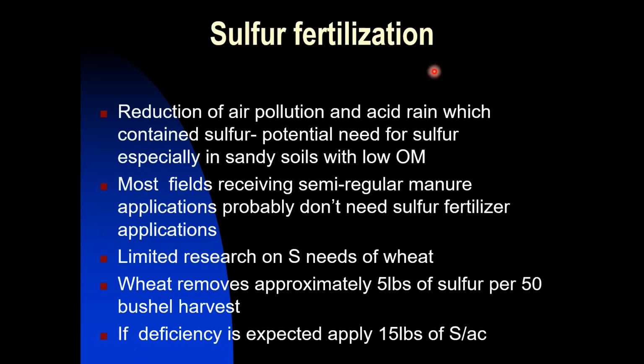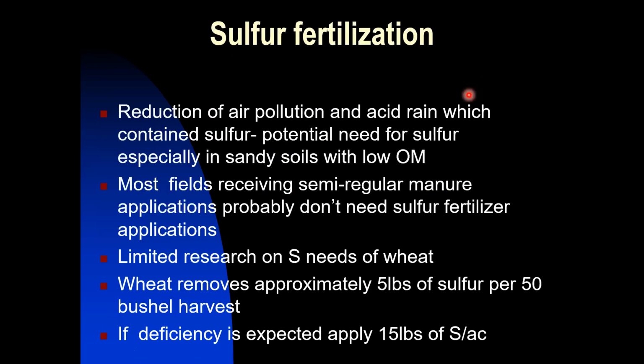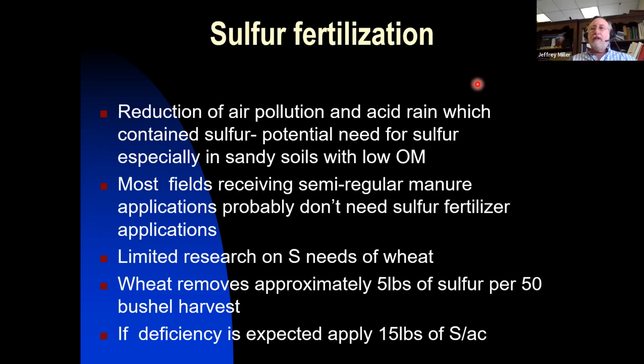Jeff, I have a question, and it looks like this is a good time to ask you. Sure. Mike asks, there was some sulfur in the liquid analysis for the wheat. What is the maximum sulfur you'd recommend, and how would it be split up? Yeah, so that's a really good question.